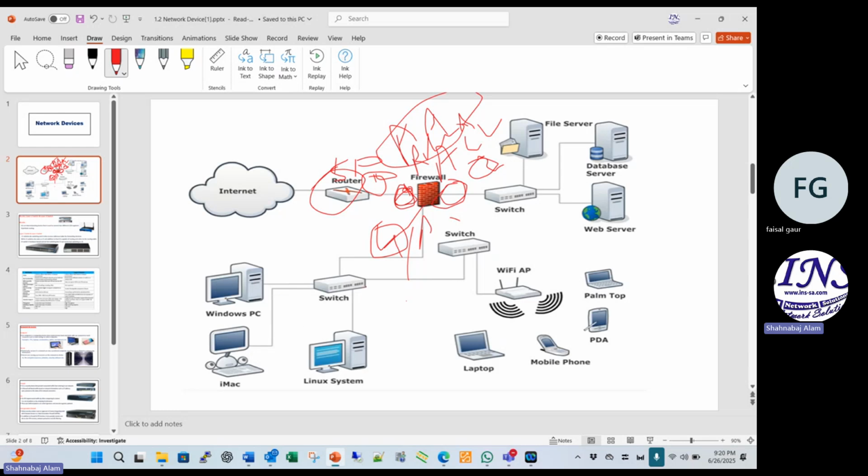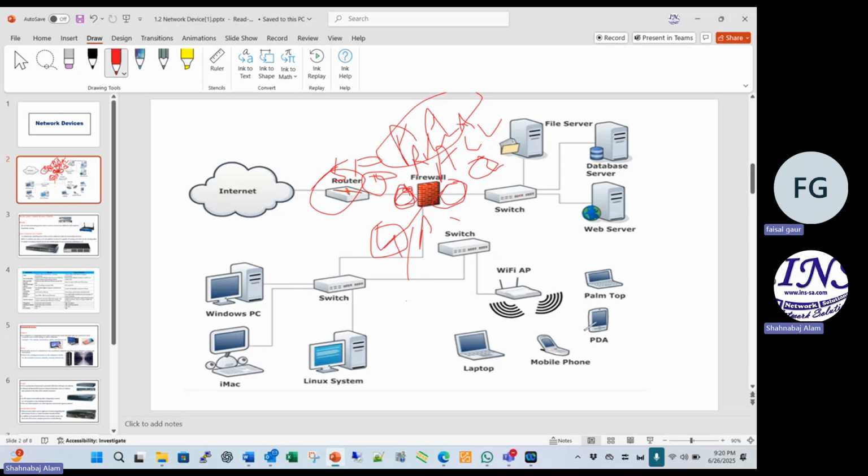user connectivity. So all our end users connect to this switch, and this is the access switch. In this infrastructure we don't have a core switch, but all of these are also access switches.